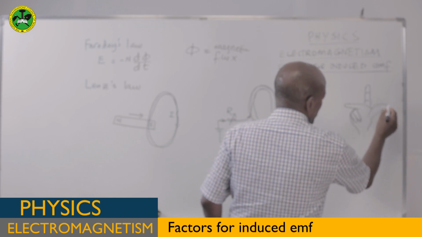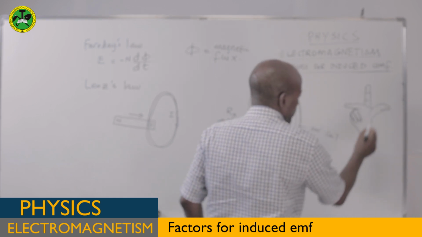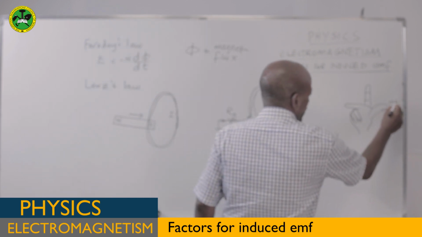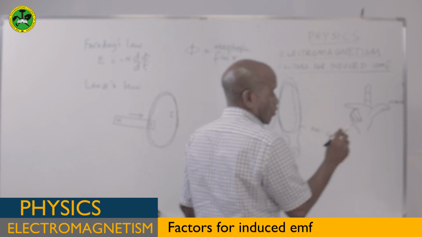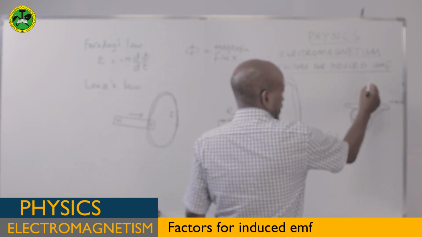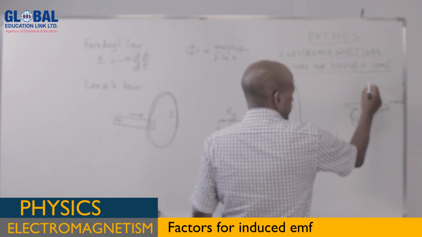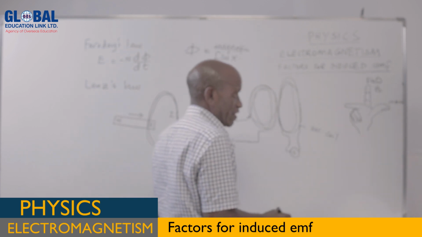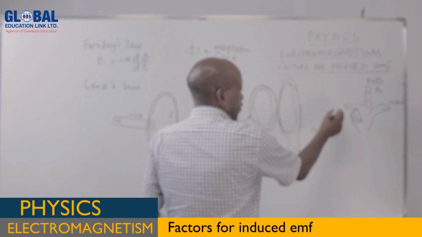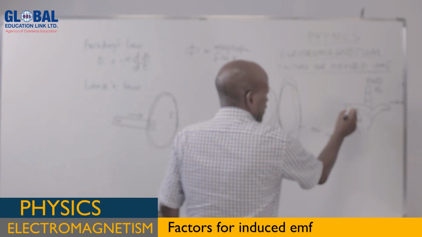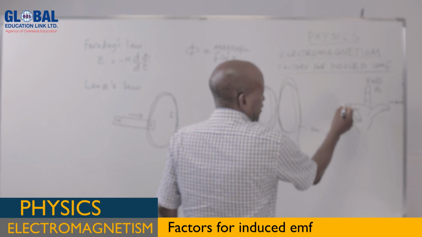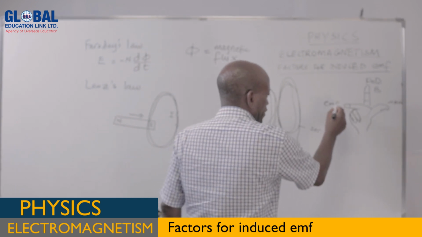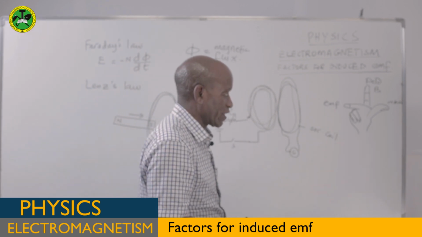If this is the thumb, pointing in the direction of the motion of the conductor, and the first finger points in the direction of the field, meaning the magnetic flux, then the direction of the induced EMF will be the direction of the second finger. So this is the direction of the induced EMF in that particular conductor.